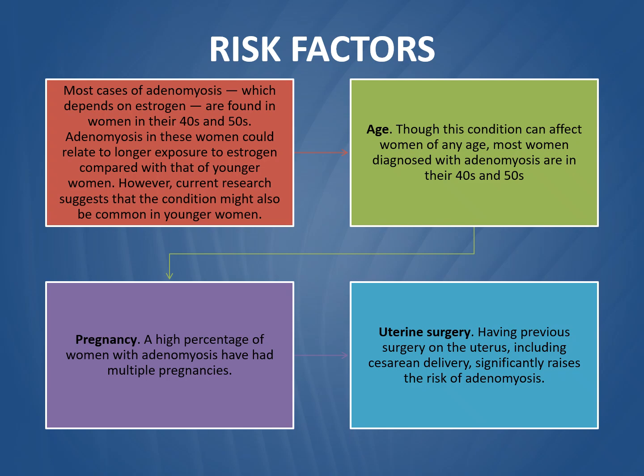Third, previous uterine surgery. Procedures such as caesarean delivery, myomectomy, and curettage can disrupt the uterine architecture and increase the risk. Fourth, long-term estrogen exposure. Women exposed to estrogen for many reproductive years may be more susceptible to adenomyosis.